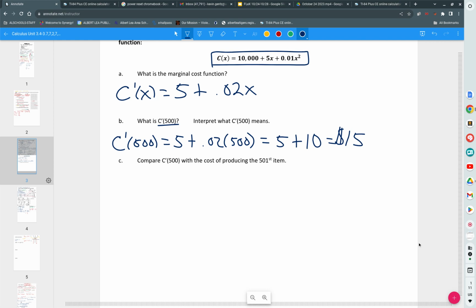When you are producing the 500 first item, it should cost you about $15 to make that next item. Does that make sense? So when we interpret it, we say the approximate cost of producing the 500 first item is $15.